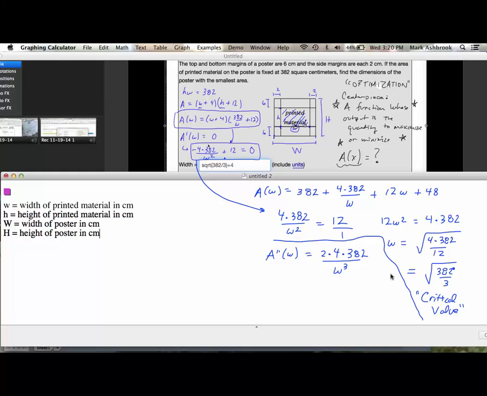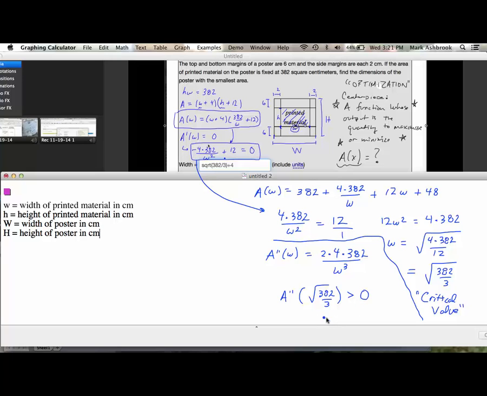And we have to confirm that at this value of w, this thing is positive. So we can just see that by observation. This is a positive expression for any positive w value. So if w is positive, when you cube it, it'll be positive, and this whole thing will be positive. So clearly, just by observation, when we put the critical value into the second derivative, we're definitely going to get a positive value.